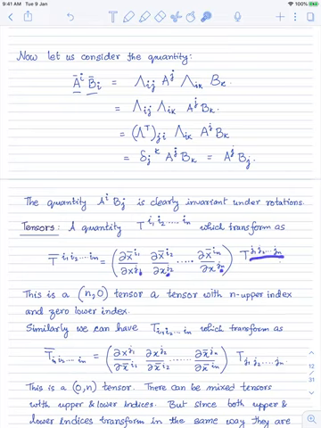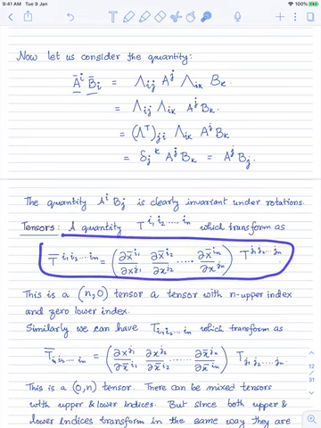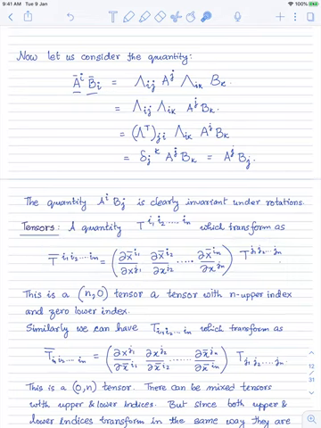So I have to multiply with the lambda matrix as many times as there are indices for the tensor. Objects like this with more than one index are defined as tensors: a 2-tensor, 3-tensor, depending on 2, 3, 4 indices and so on. If the indices are all on top, then it is an (n,0) tensor: n indices on top, 0 indices at the bottom.